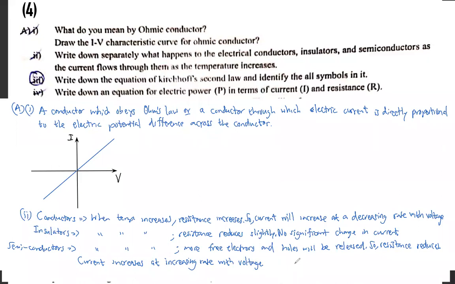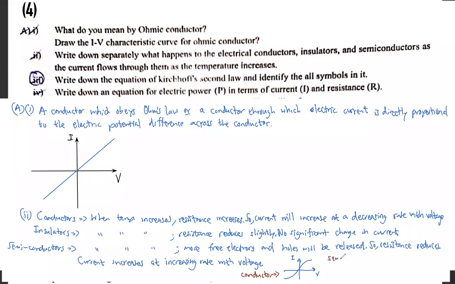So what I'm trying to tell you is this. When you plot the IV graph for a conductor, the graph is going to look like this. This is for a conductor, remember, like a filament bulb, not an ohmic conductor. An ohmic conductor will be a straight line.